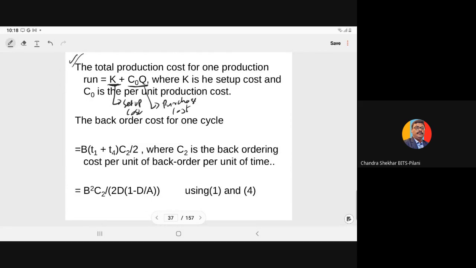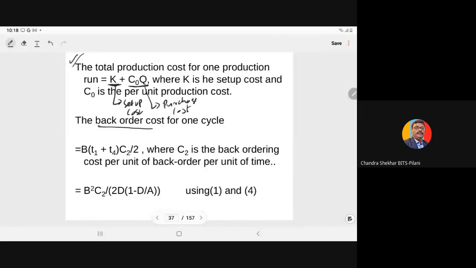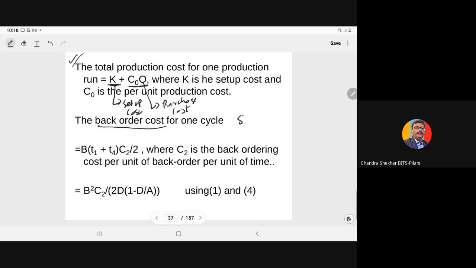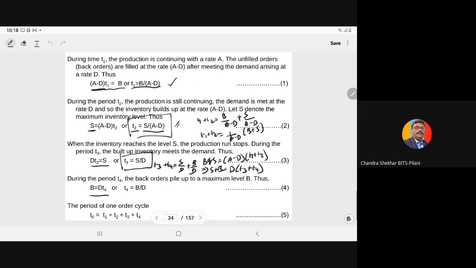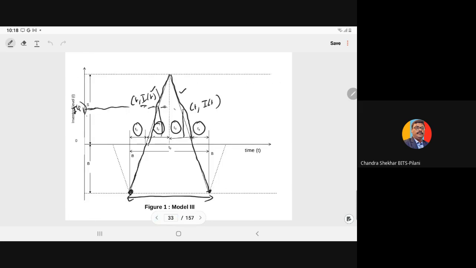Now we compute the backorder or shortage cost. We compute the shortage cost because we have shortages in the periods T1 and T4. As we did for T2 and T3 when we have positive inventory, in a similar fashion we do it for the negative inventory.